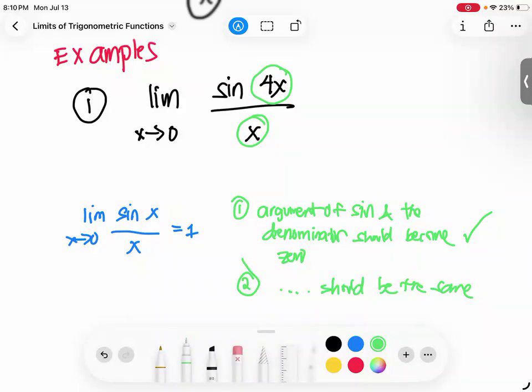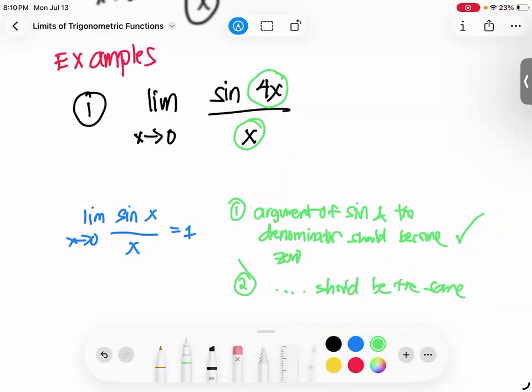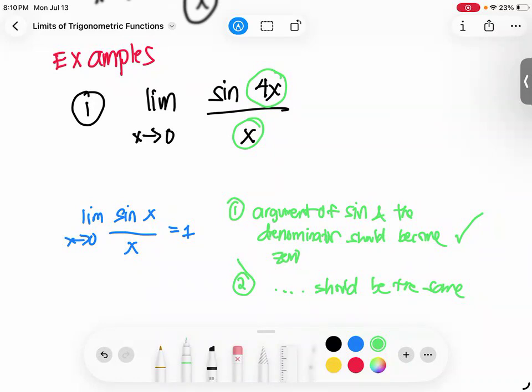So we will manipulate the expression by multiplying by 4 over 4. Now, you're not really changing the expression because 4 over 4 is just equal to 1. So even if you multiply it by 4 over 4, it's still the same expression.